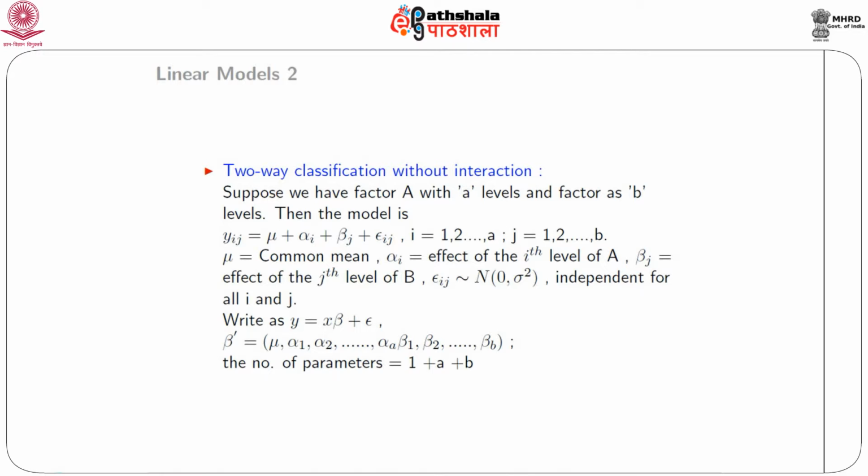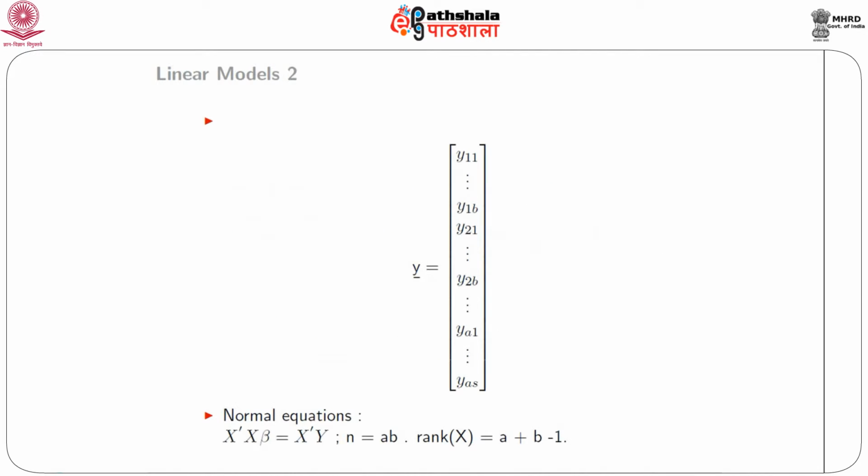Sigma square is not a coefficient, but nevertheless it is a parameter. The vector y is the long vector consisting of all the observations or measurements. So, I write it as a long vector whose size is a times b. It starts with y 1 1 and goes on up to y a b. The b of course is wrongly typed here as s.